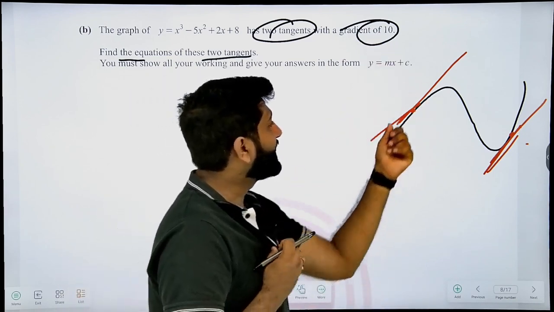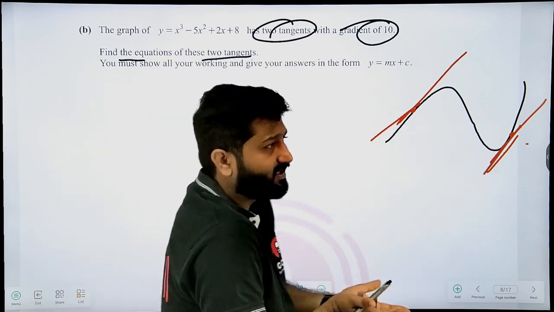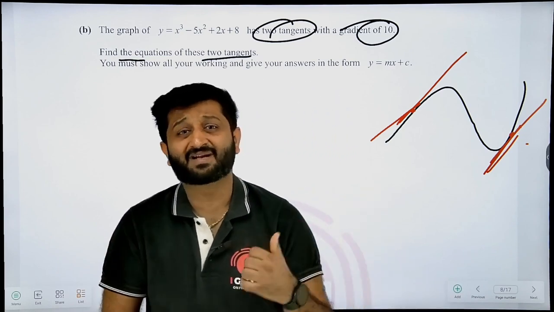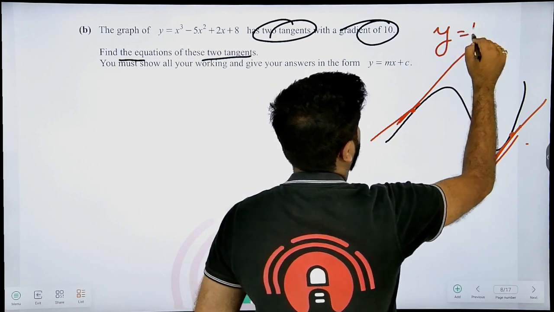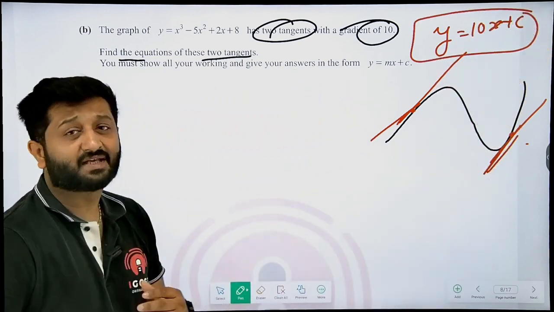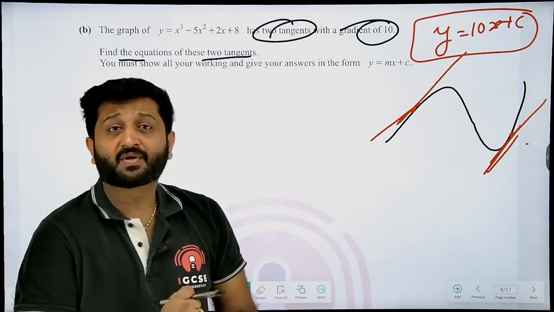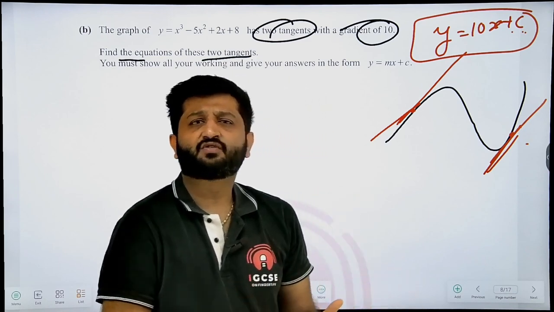Now I have to find the equation of the tangent. Right, now guys, what is the equation of a tangent? A tangent is nothing but a straight line. So its equation obviously has to be y equals 10x plus c. Right. Now in both cases, my purpose is to find c. Now guys, how do you find c?